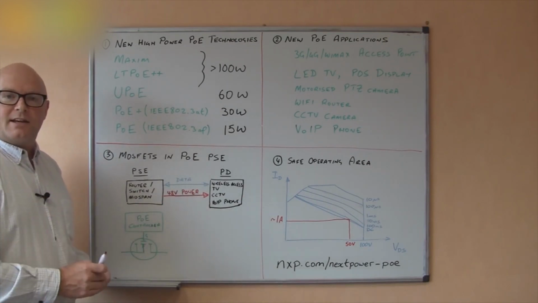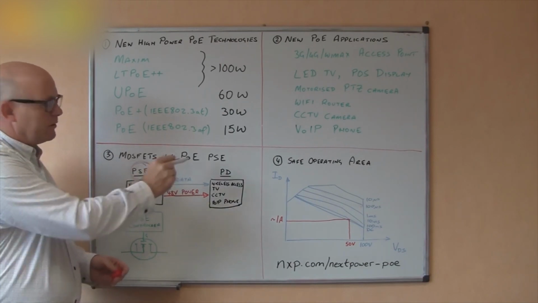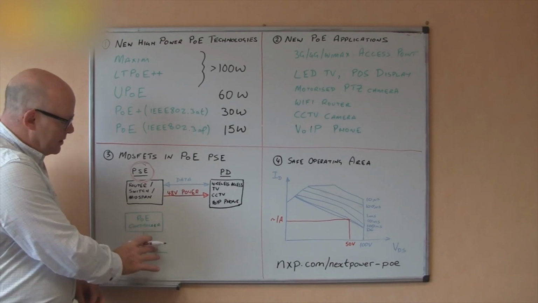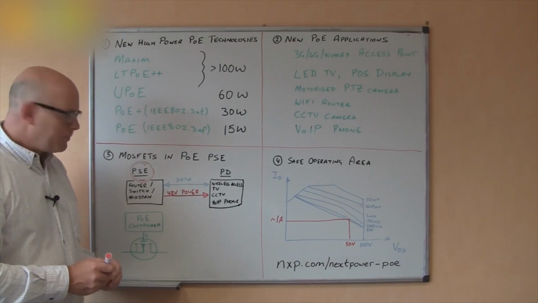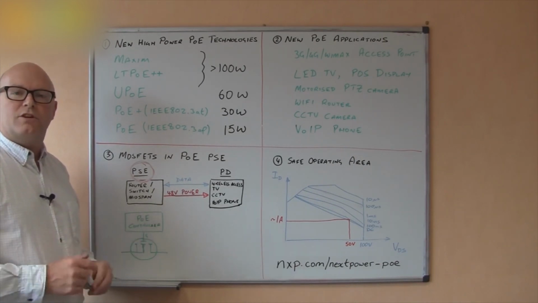The purpose of today's discussion is to talk about the power supply equipment, and we'll talk about PD in another training session. The MOSFET is used in the PSE equipment in conjunction with a PoE controller, and it's there really to handle any faults that occur in the system.